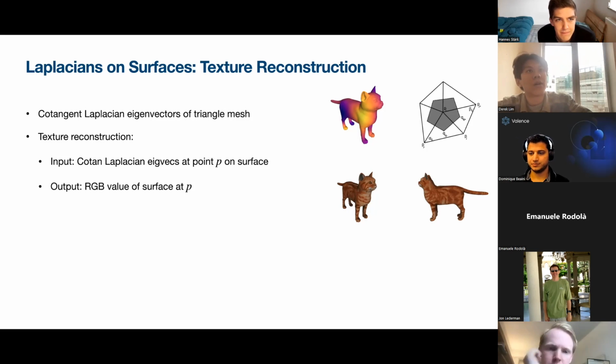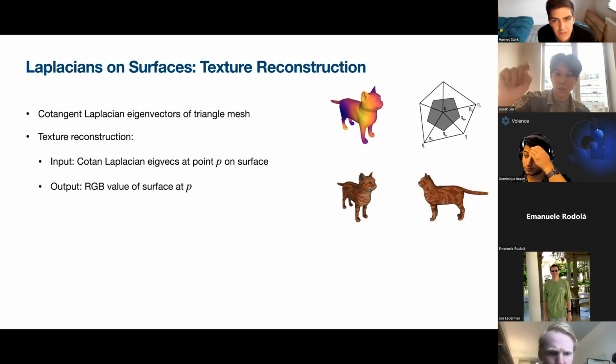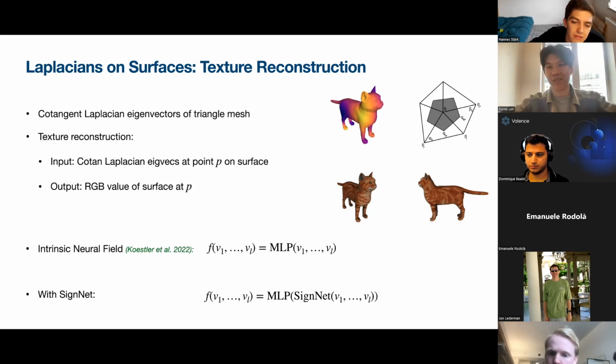So we're going to do this texture reconstruction task on a triangle mesh. Basically, given a point on the surface and the values of the eigenvectors at that point, we're going to output the RGB value of the surface, what color the cat is at that point on the surface. And basically what people have done is very recent. How's that well defined?